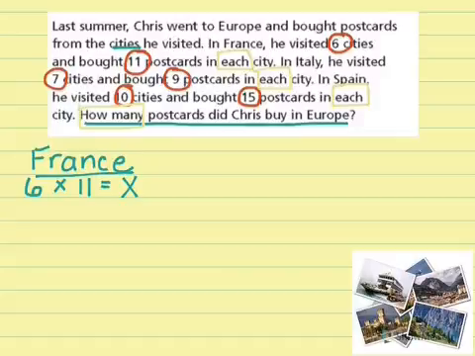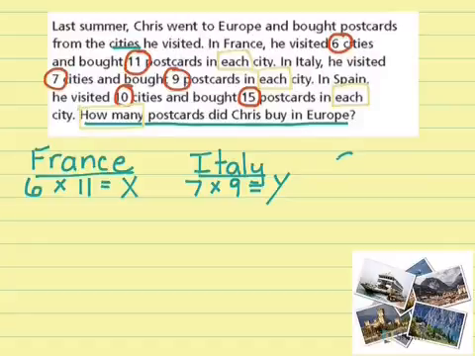Then he went to Italy. When he was in Italy, he visited 7 cities, and in each city, he bought 9 postcards. So I'm going to say that's going to equal y.